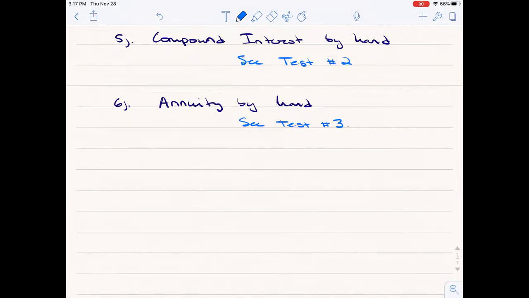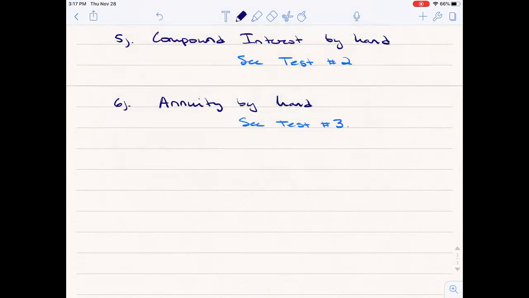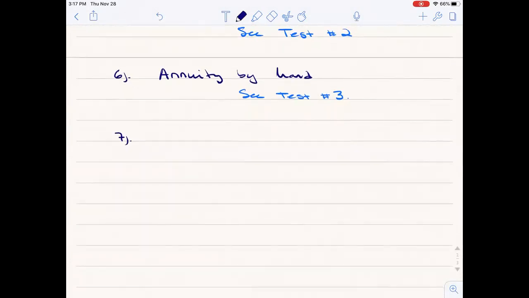And what I'll do is I'll post the solutions to test number 3, but we're going through these problems next day, so probably won't get there. Now, trying to describe these, right? You have to do an annuity by hand, which means there's 2 more annuities. The other 2, you can just use your calculator. That'll be allowed.